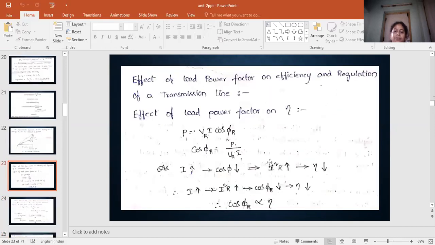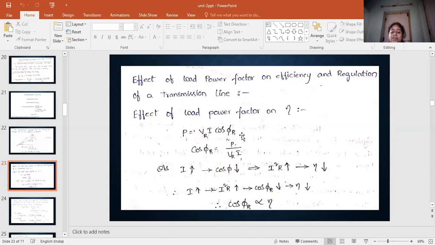And the effect of load power factor on efficiency and regulation of transmission line. We already know that point. The receiving end power PR equal to VR into I cos phi r. Cos phi r equal to P by VR into I. So we know already the current increases and the power factor decreases, and then efficiency also decreases.